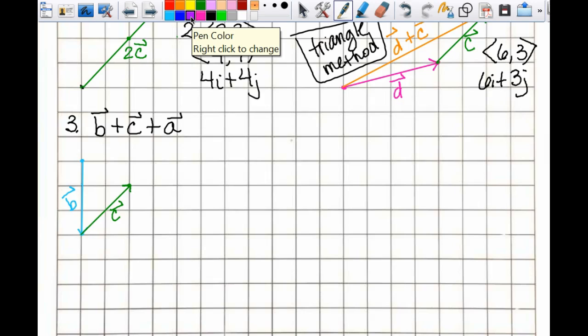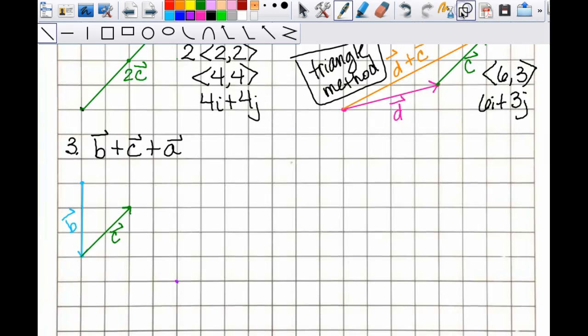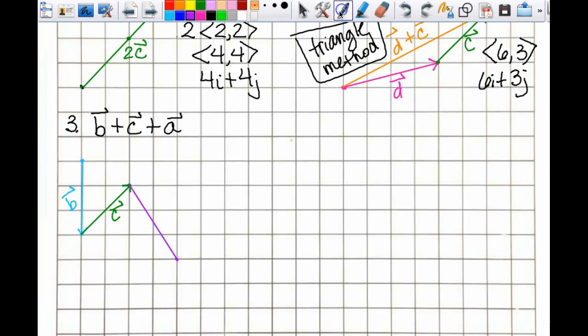And then from the head of C, I do A. And from here, I go to the right 2 and down 1, 2, 3. And I draw that in right there. And this is A.